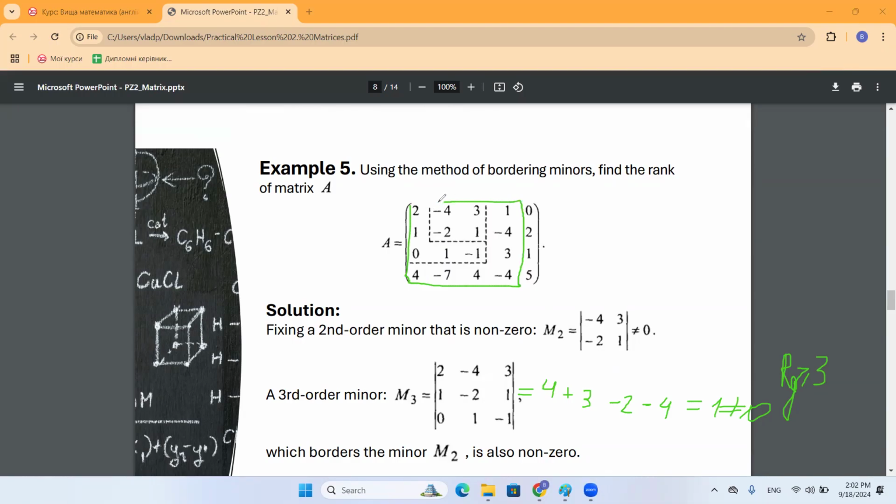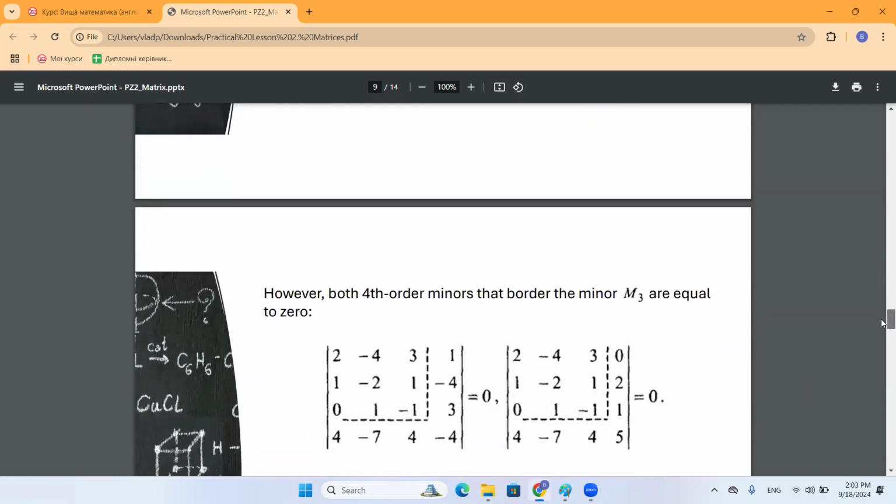And now we choose this bordering minor. If it's not 0, it would mean that the rank equals 4. But now we won't calculate this determinant because we would have to spend some time on that, and we need to do other tasks.